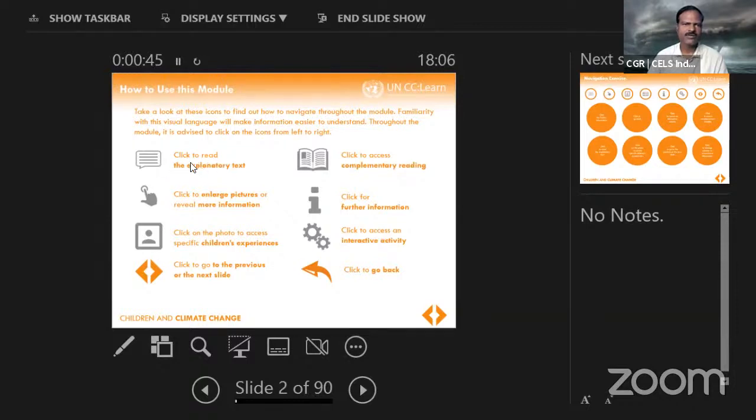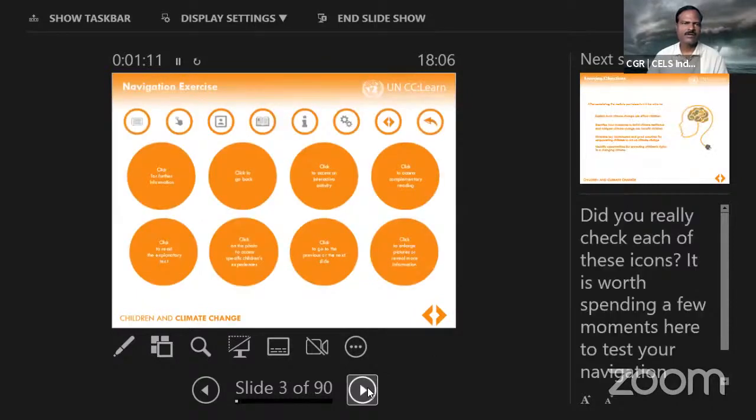Click to read if you have this symbol, and the complementary reading material can be accessed from this symbol. To enlarge pictures, we can use this symbol. Click for further information. Click on the photo to access specific children's experiences, and click to access an interactive activity. And here the same symbols are given to learn. It's an exercise on whether you know these symbols correctly or not.